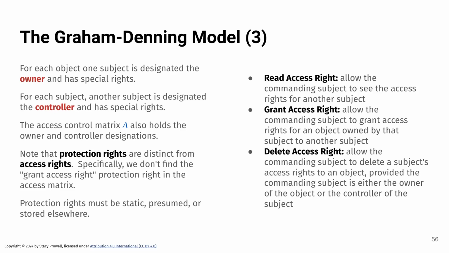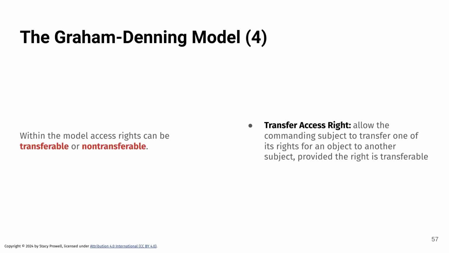Okay? We know that access rights are stored in the access control matrix. Who has these other rights? Well, we can set that up however we want it, right? The model doesn't specify all that for us. But remember, keep them separate. Protection rights and access rights.